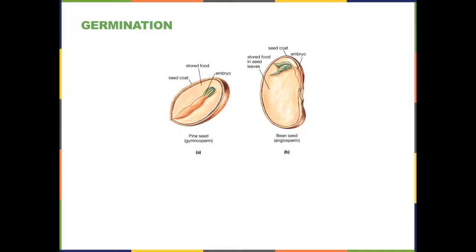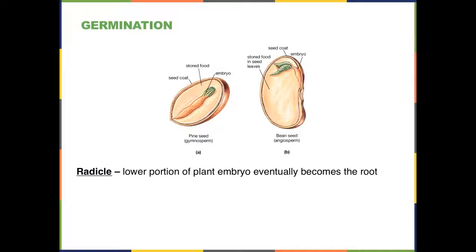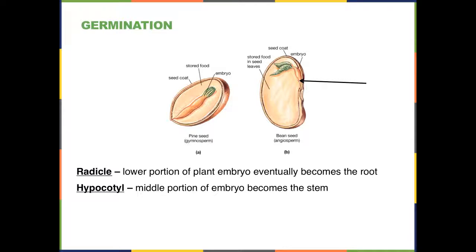Now I wanted to use this diagram to point out the various parts of the seed. The lower portion of the plant embryo, which eventually becomes the root, is called the radicle, and it's right here. The middle portion of the embryo that becomes the stem is called the hypocotyl, and it's right in this part.